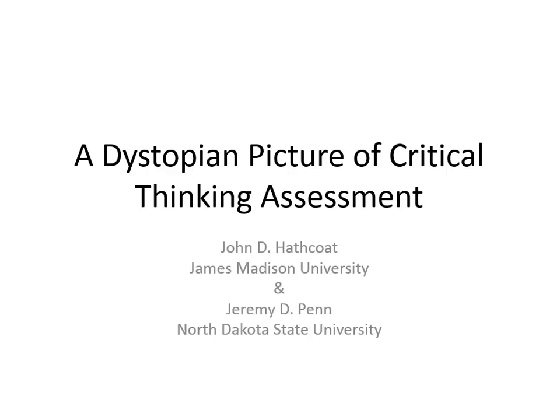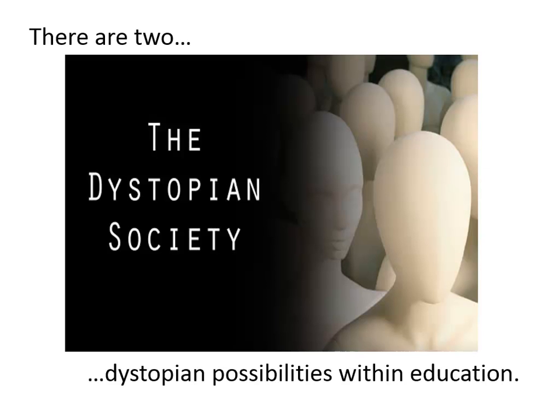The title of our presentation is A Dystopian Picture of Critical Thinking Assessment. So there are really two dystopian possibilities within education. In the early 1990s, standardized multiple choice tests came under attack, and this attack really stemmed from the idea that these tests or these assessments failed to align with what we value about student learning and or development, either inside or, let's say, outside of the classroom.